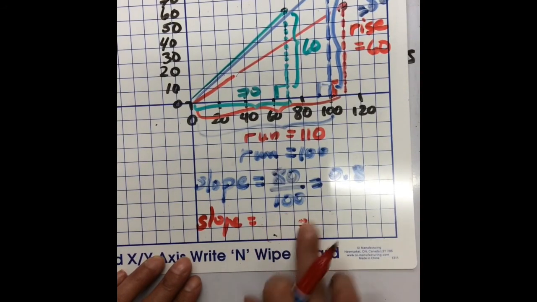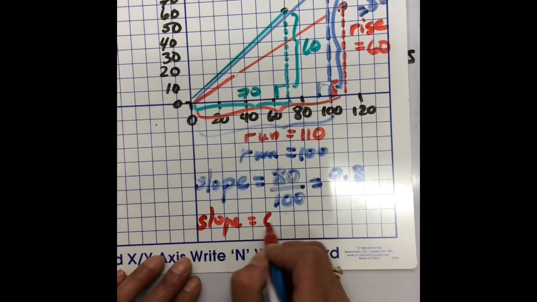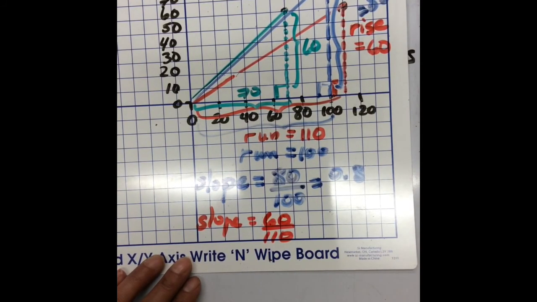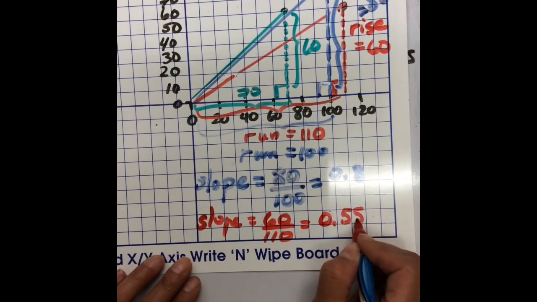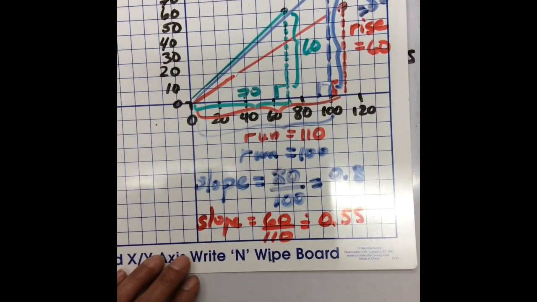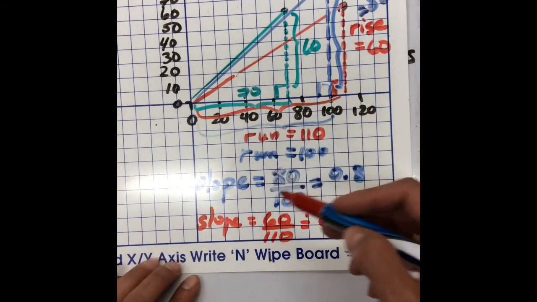Rise over run. I did the opposite. This is a common mistake with students. We wanted to do 60. I apologize for that. Here we go. 60 over 110, and that gives us 0.55 approximately. Okay. And so we know that the red one is less steep than the blue one.